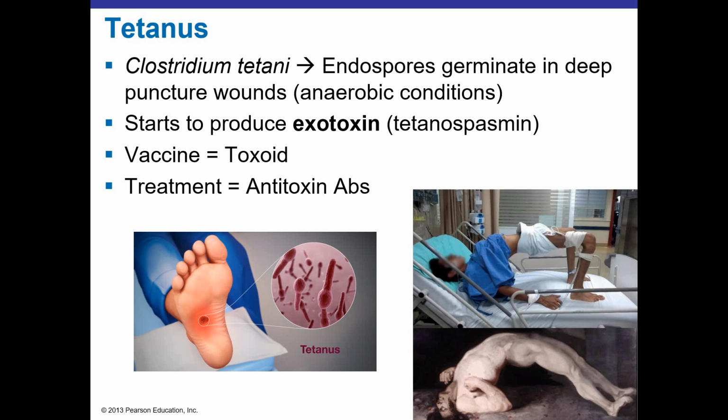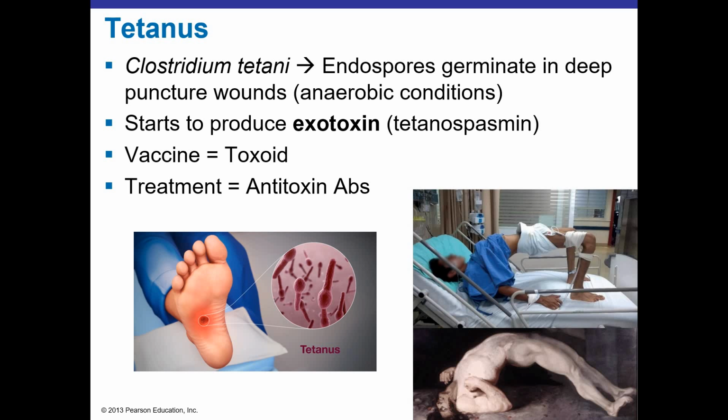They then start to produce a nasty exotoxin. This tetanospasmin causes everything to go into a tetanic spasm. The muscles can no longer relax. So you see the outcome of the opisthotonus, where the muscles have contracted so hard that you can actually see the arching of their back.